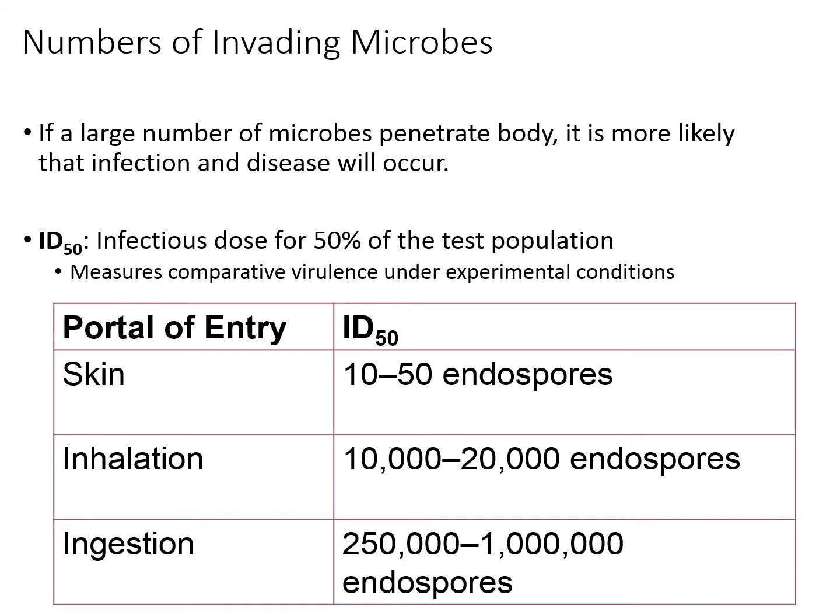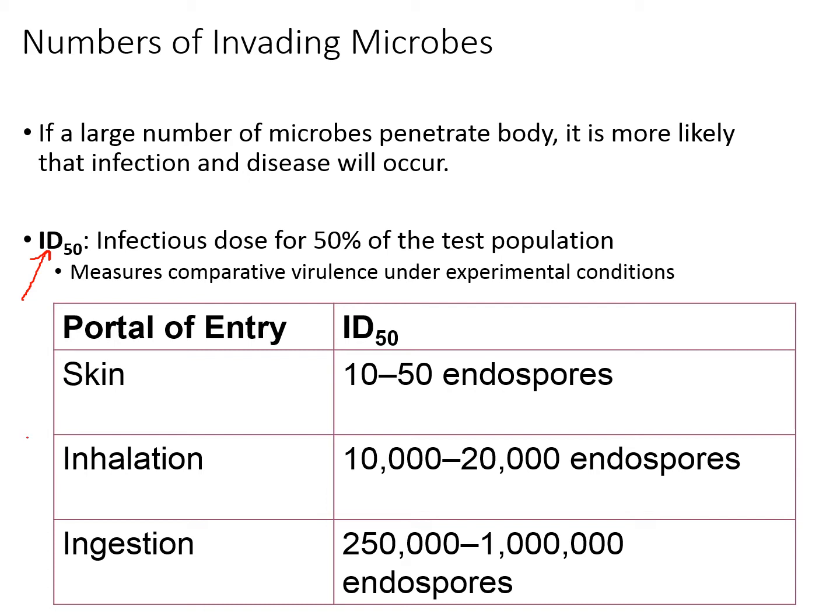The inoculum needed to cause an infection in 50% of test organisms is called the ID50, or the infectious dose 50, and it allows us to compare virulence of different microbes or the same microbe via different portals of entry under experimental conditions. In the example that you see on this slide, we're measuring the ID50 of Bacillus anthracis via 3 different portals of entry: the skin, inhalation, and ingestion.